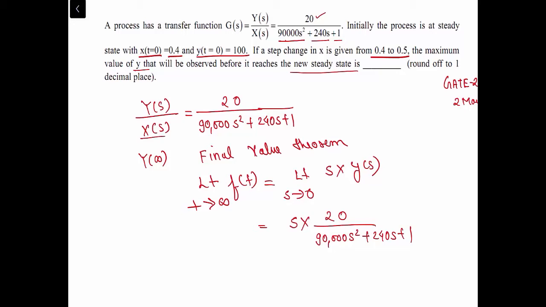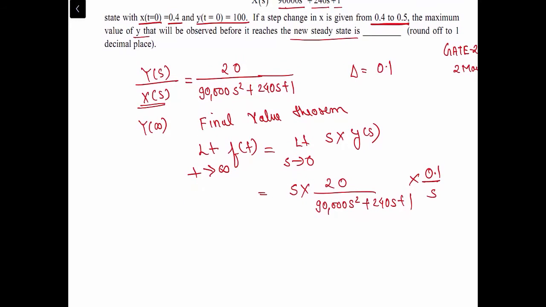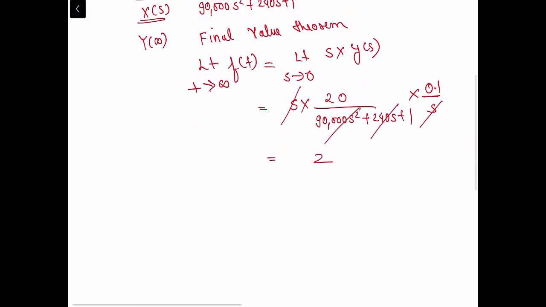So what is the value of X(s)? There is a step change 0.4 to 0.5, so delta will be 0.1. So step change is multiplied, 0.1 of s. Okay, so that easily we can solve. आराम से सारी टर्म्स कैंसिल हो रही है यहाँ पे, ये ज़ीरो, so it will be coming 2. Okay, so if I draw the graph it will be like this.